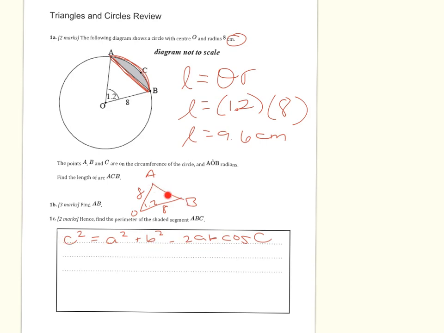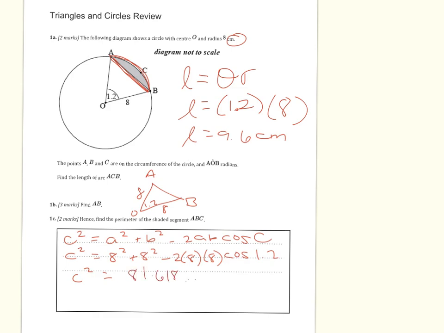So we're solving for this side AB. So the angle that's across from it is 1.2. So that's going to go here. And c is what I'm solving for. And so that means that our other two sides, 8 and 8, are a and b. And so when we solve that, we get 81.618 dot dot dot.